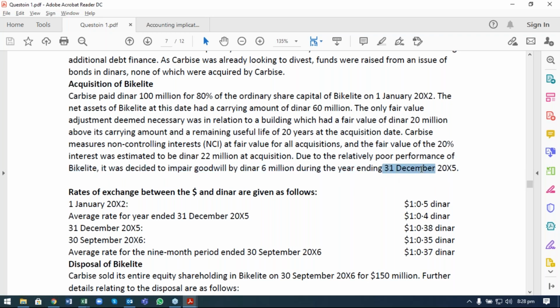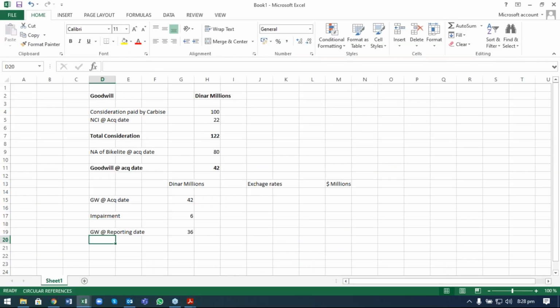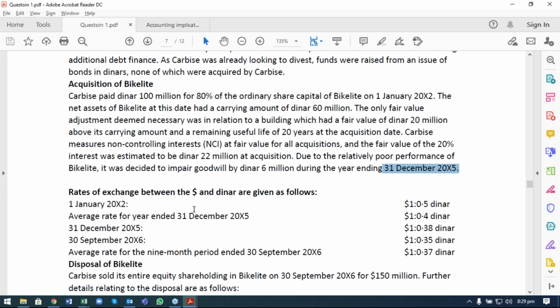So up to 31st December 2005 the goodwill is impaired by 6 million, right? The reporting date was 31st December 20x5. First I'll look into goodwill at 31st December 2005, and then the goodwill value on the next date, when the subsidiary was disposed of on 30th September 2005.